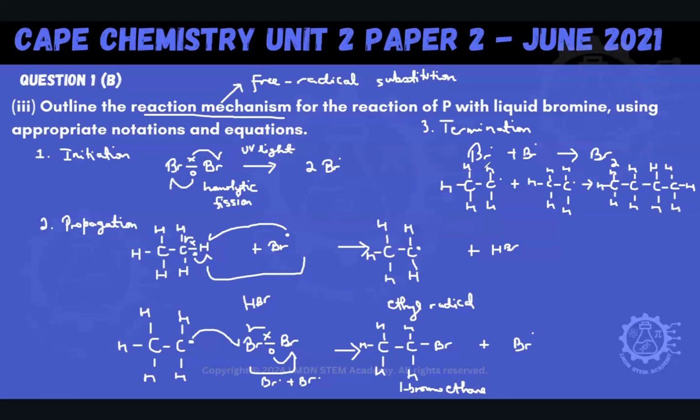And then the final kind of termination, so there are 1, 2, 3, is that we have our ethyl radical, right?